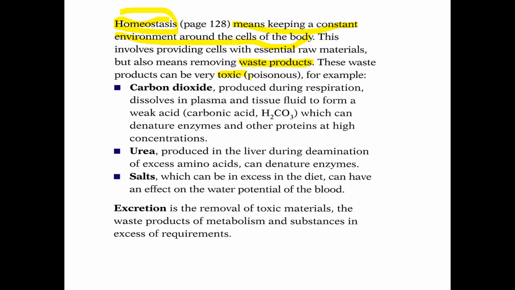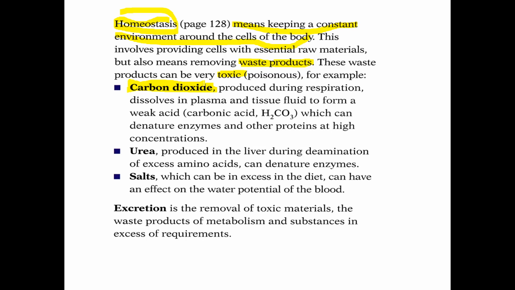These waste products, we have types of them. We have example types of these waste products. Firstly, we should get familiar with them. For example, the first kind of waste product is carbon dioxide. Carbon dioxide, what do you think? From where does our body make carbon dioxide, or how does it make carbon dioxide?